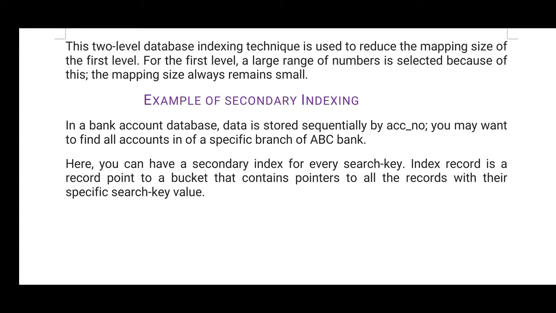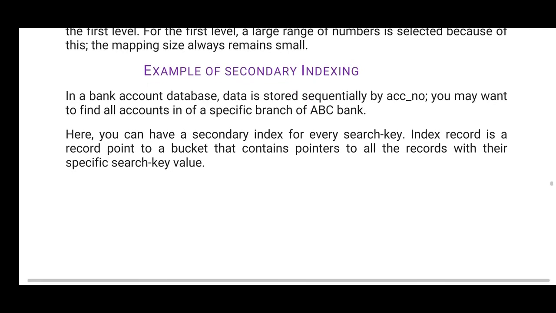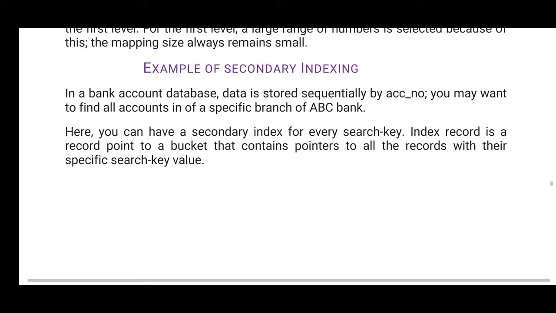Example for a secondary key: in a bank database, you have entered accounts in sequential order for a specific branch. You want to find all accounts in a particular sequence.